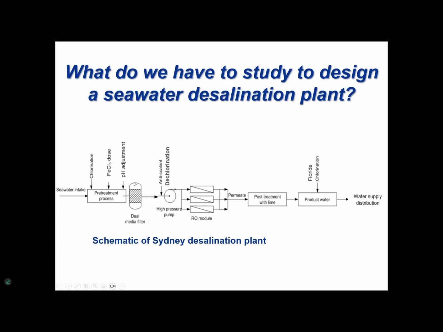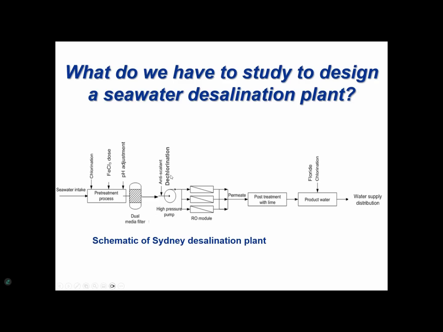Also dechlorination, so chlorinate and dechlorinate. The polyamide membrane does not tolerate chlorine. Chlorine will attack the polyamide membrane surface, which can make a bigger pore size.